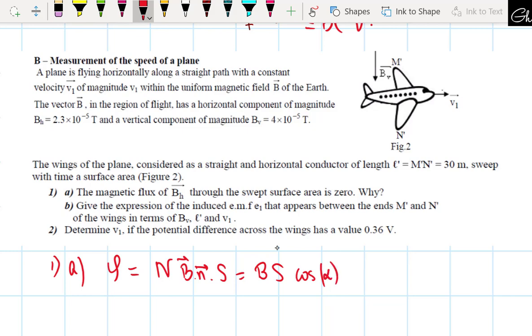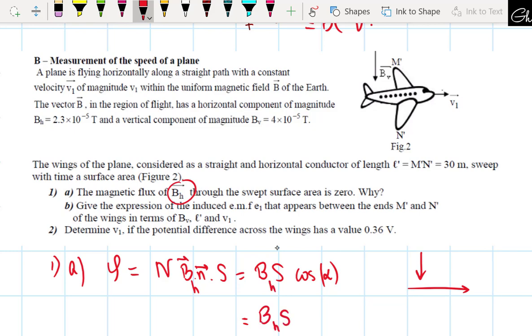Here B is directed horizontally, so we are using the horizontal component BH. So B is like this one, like that, and N is vertical, so the angle will be 90 degrees.